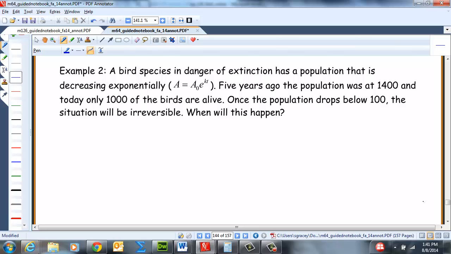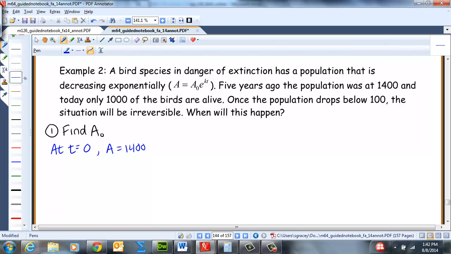Well, we need to make our model, okay? So again, step one, let's find a0. So we have at t equal to 0, which was 5 years ago, A is 1,400.